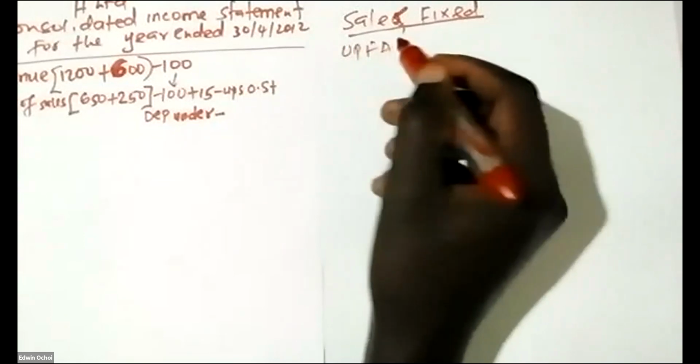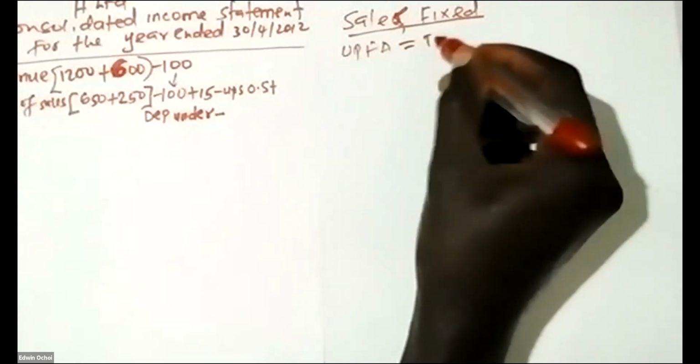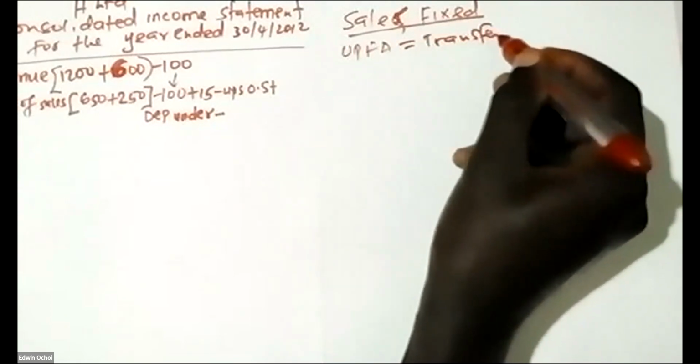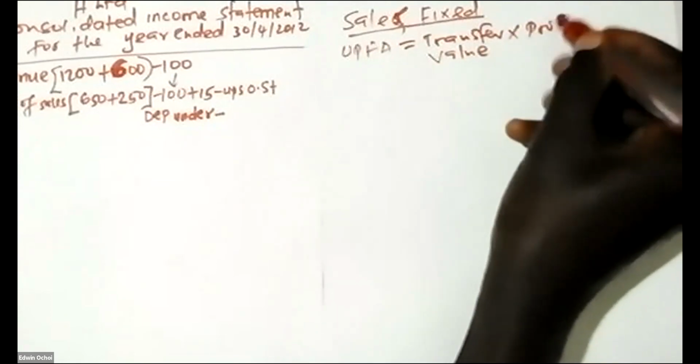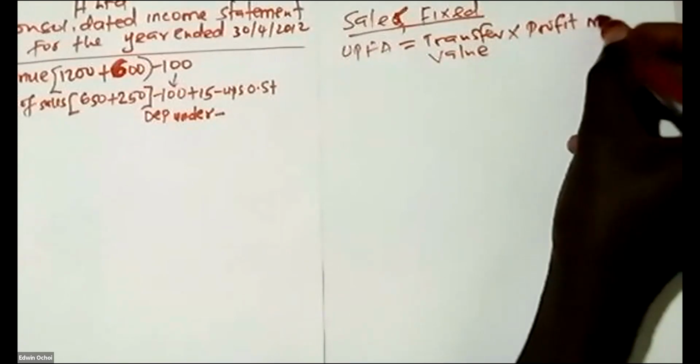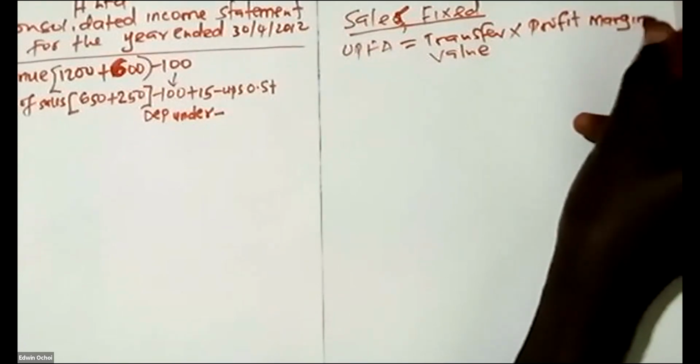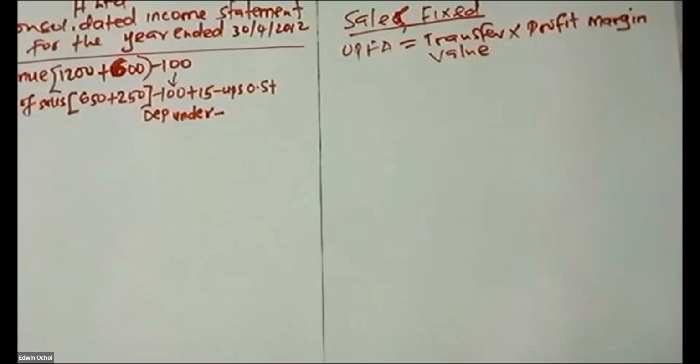That is why we compute the unrealized profit on the fixed asset. I will take the transfer value times the profit margin. So the value at which the asset was transferred times the profit margin.